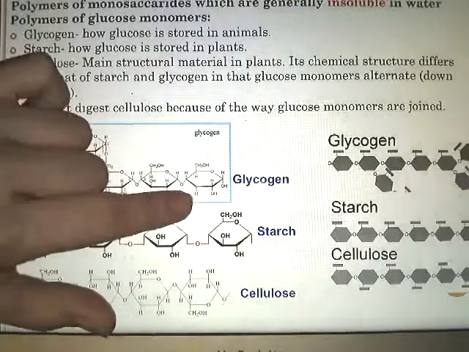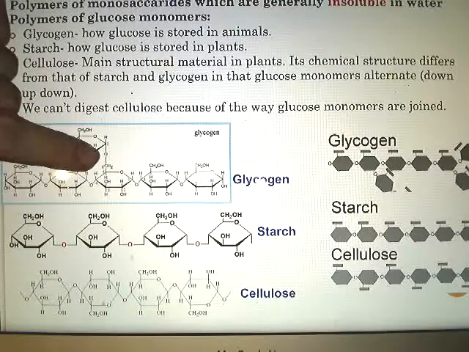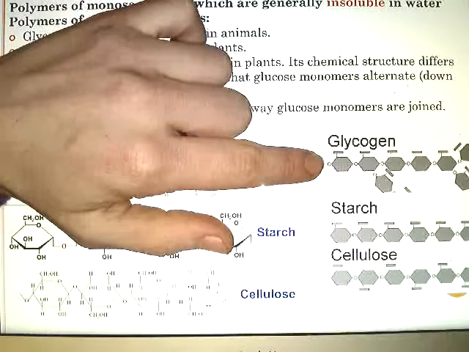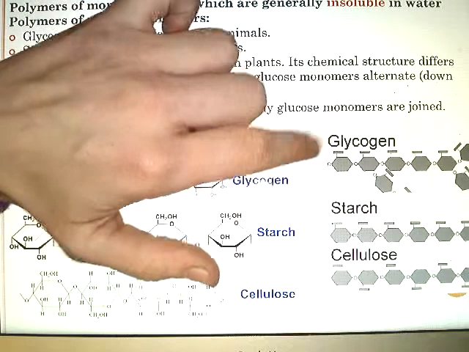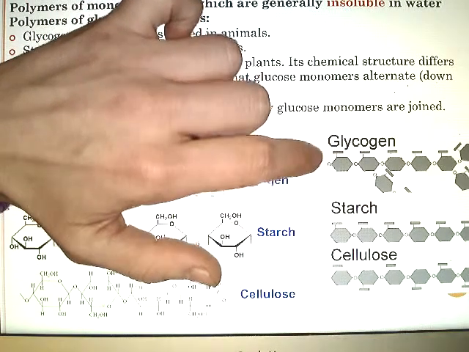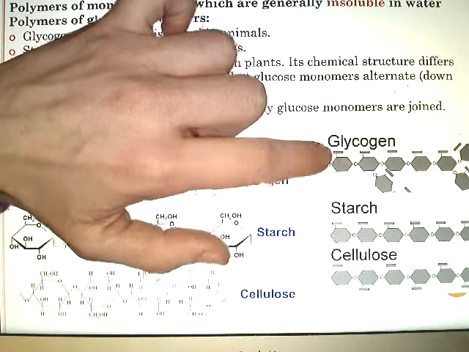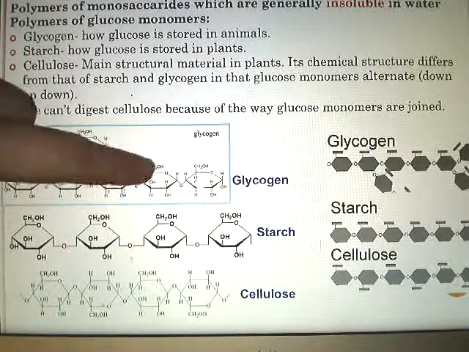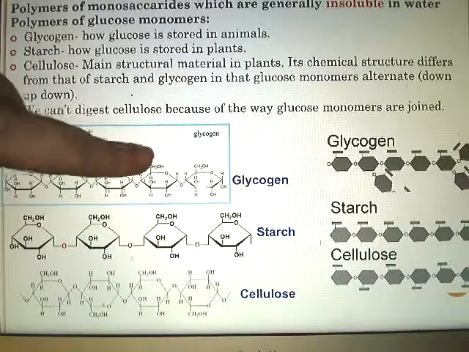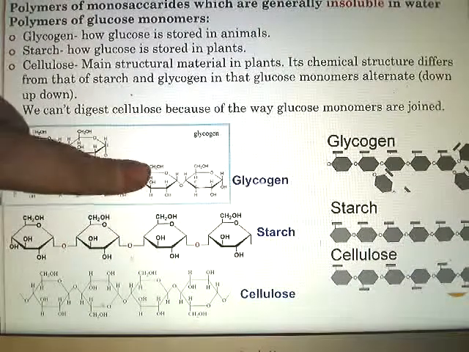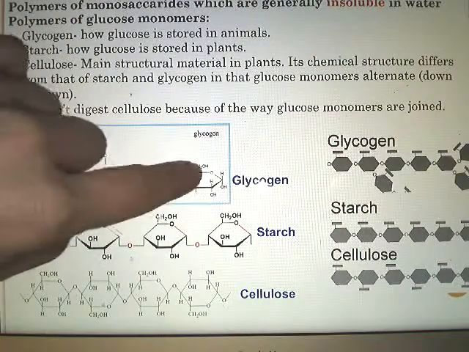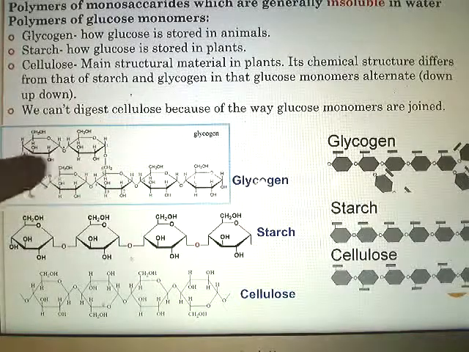So if you just have a look, it's represented pictorially here. They're all made of glucose monomers, which is a 6-membered ring. It's not 6 carbons in the ring. It's got 5 carbons in the ring and 1 carbon outside of the ring. Now, the way it's orientated is in glycogen, they all have their carbons pointing in the same direction.